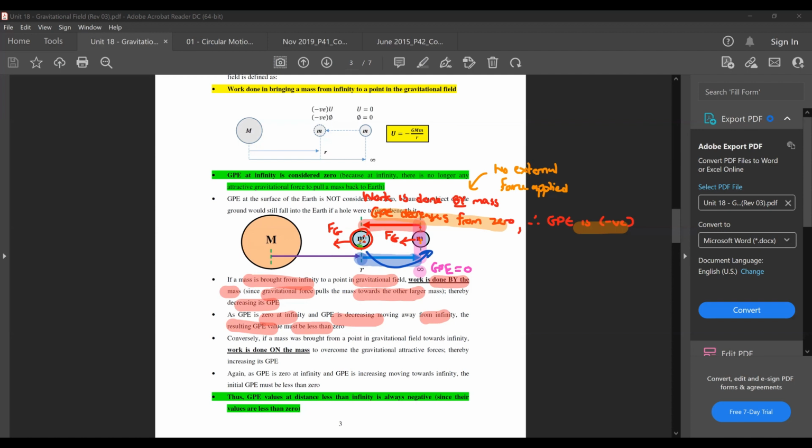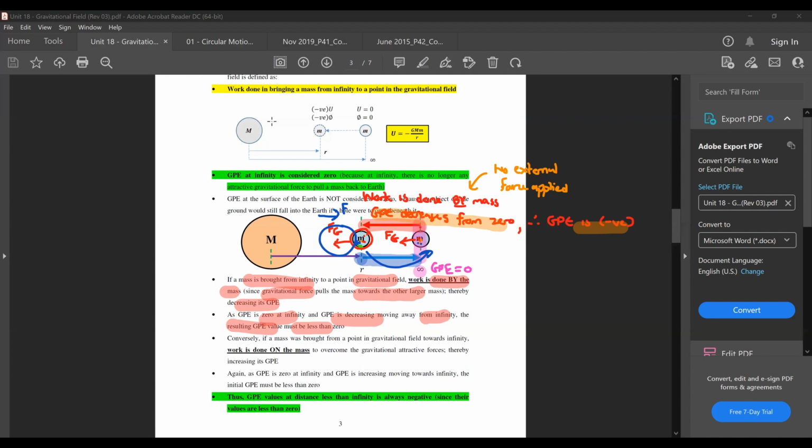You would actually need to overcome this gravitational force in the first place. So in your case, you need to purposely apply an external force to overcome this gravitational force so that you can move the mass from this point all the way to infinity.